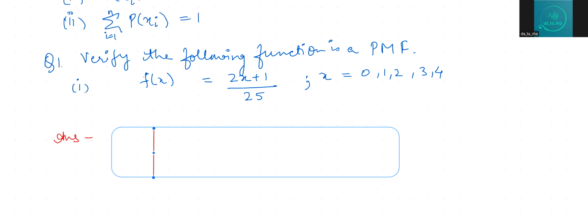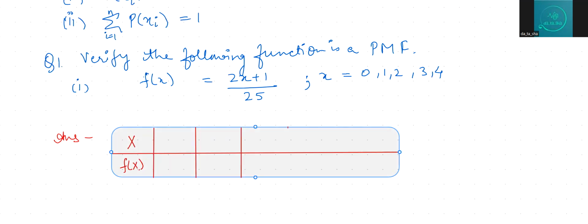Let me just quickly make a table in which I am talking about the x and f(x). So the various values would be 0, 1, 2, 3, and 4.